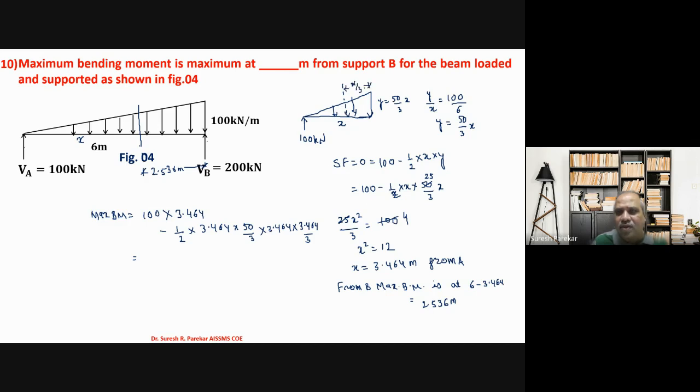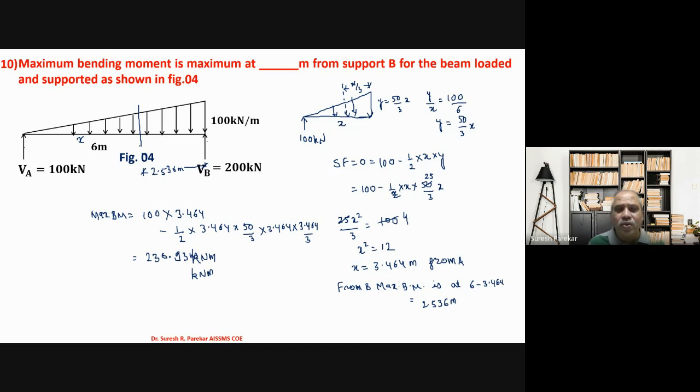So 3.464 by 3, and we will get 230.93 kilonewton meters.